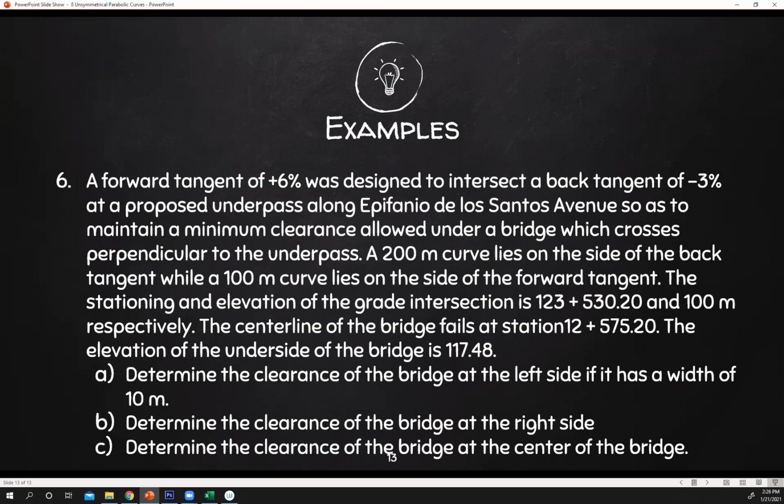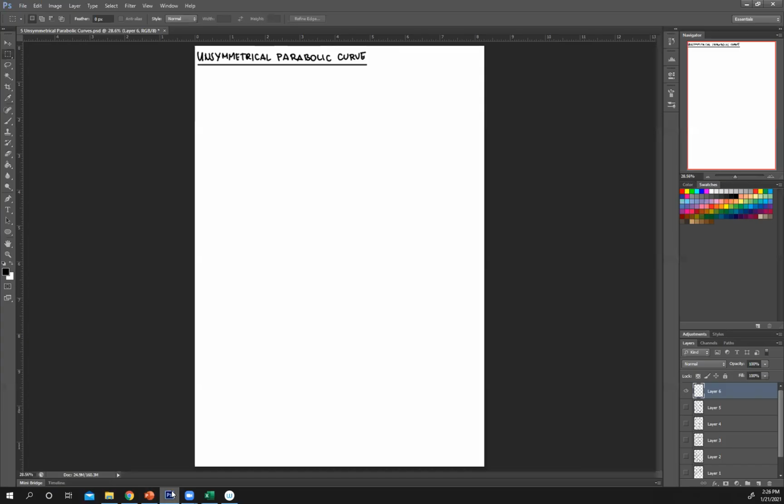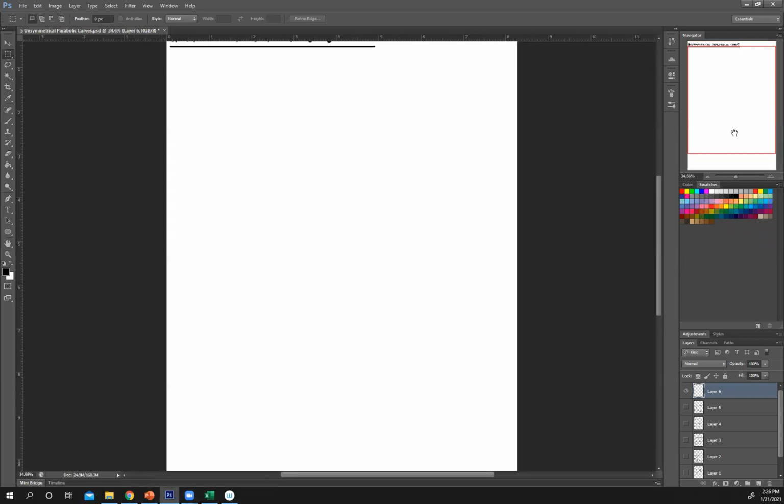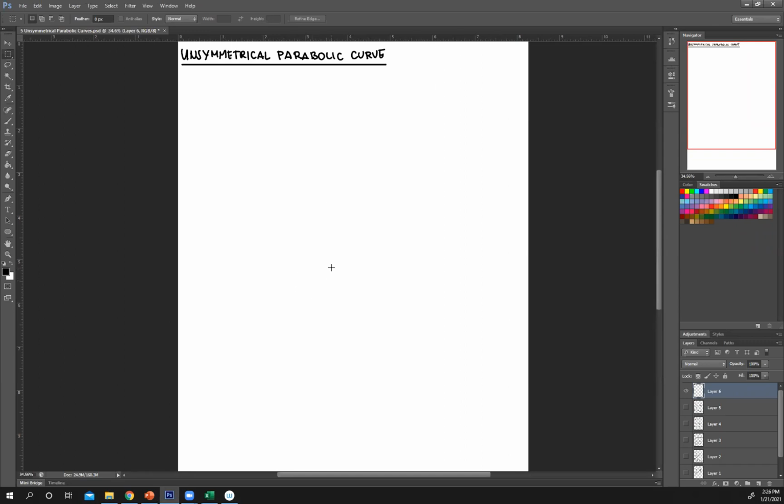So now we have again an underpass and a bridge. The bridge is crossing perpendicular to your underpass. That just means it's the same as what we've been drawing. We're just going to draw the cross section of your bridge.